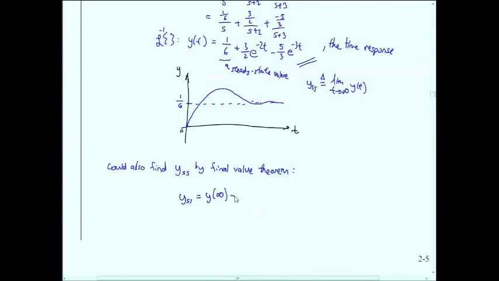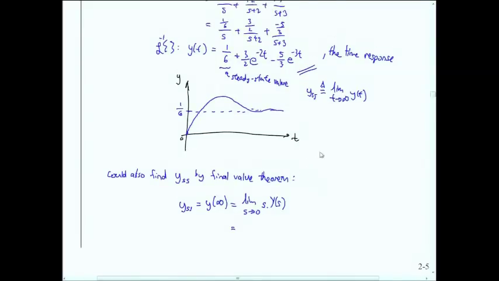So, I mean, this is just another way of writing it. But from the final value theorem, it's the limit as s approaches 0 of s times the function in the Laplace domain. Now that's often easier because along the way we may not have found the response in the time domain. Everything might be still in the Laplace domain.